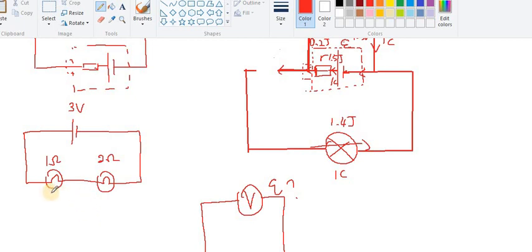This one will be 1 volt, this one will be 2 volt. 1 volt means every 1 coulomb will do the work of 1 joule. 2 volt means every 1 coulomb does the work of 2 joule to pass through the bulb, or to overcome the resistance inside the bulb.